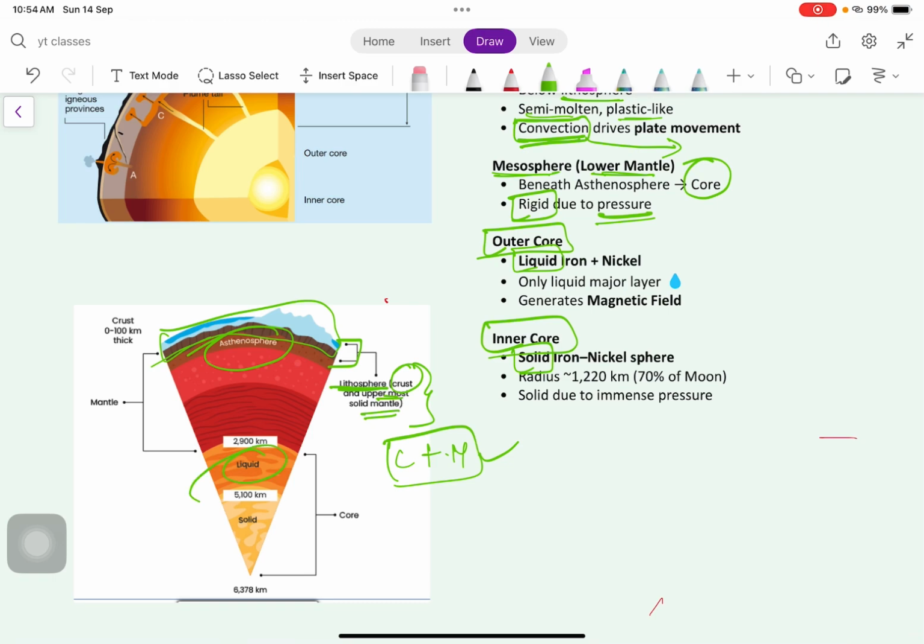The inner core has a radius of about 1220 kilometers. Because of the movement of iron and nickel in the outer core, the earth is generating the magnetic field. Because of this flowing of iron and nickel in the outer core only, the magnetic field is getting generated, and the inner core is solid due to the immense temperature and pressure.